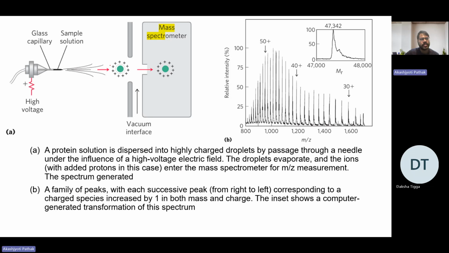As it moves through this vacuum chamber, you see that the size of the droplet has reduced, and then it will reach the mass spectrometer, and the mass will be analyzed.